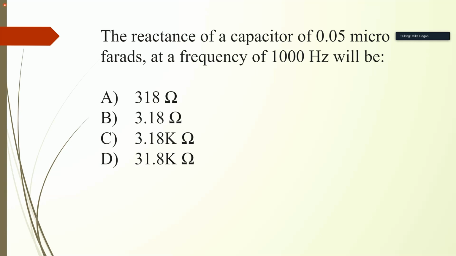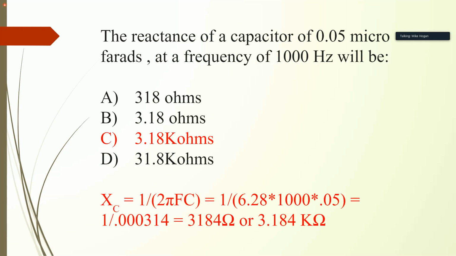Let's just take a look at what they're doing. You can see they've taken our formula for capacitive reactance, which was 1 over 2 pi FC. Remember, F is the value of the frequency.